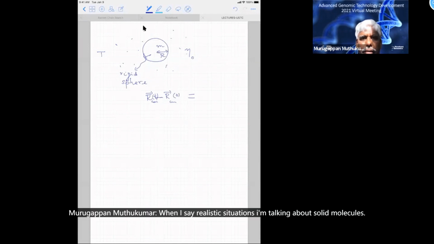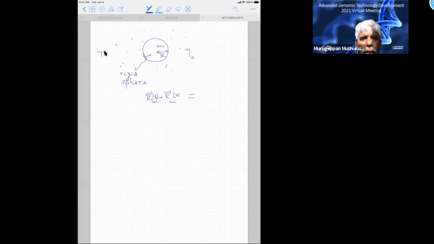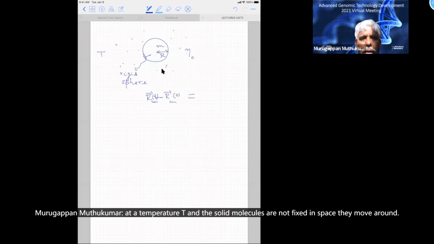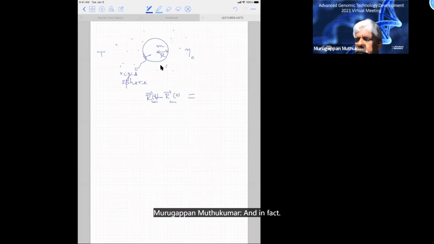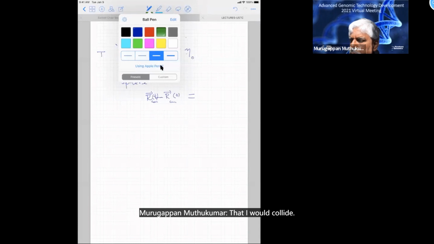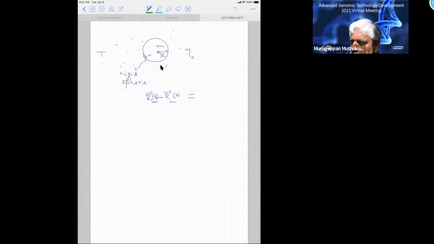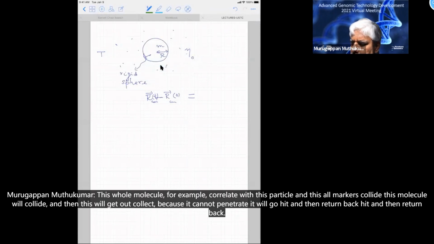When I say realistic situations, I'm talking about solvent molecules at a temperature T, and the solvent molecules are not fixed in space. They move around. And in fact, we always have lots of collisions. This solvent molecule, for example, will collide with this particle, and this solvent molecule will collide.